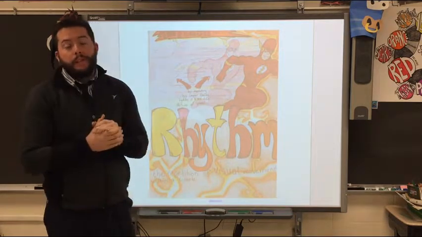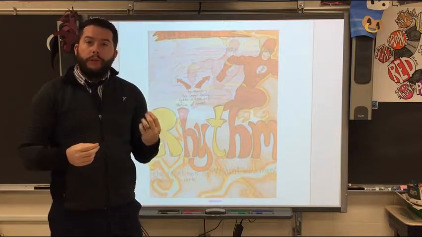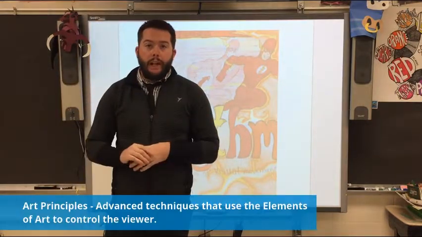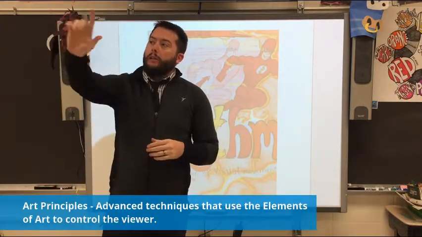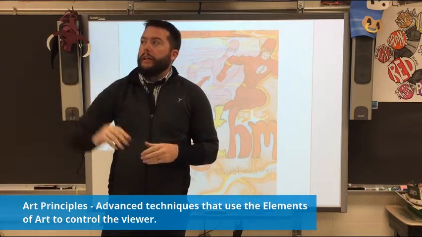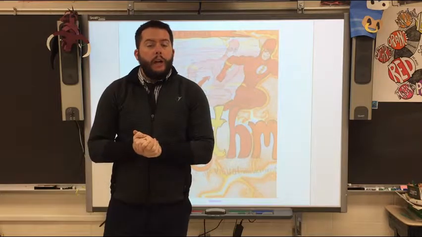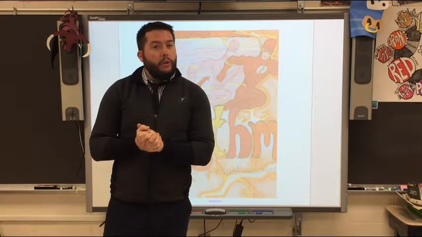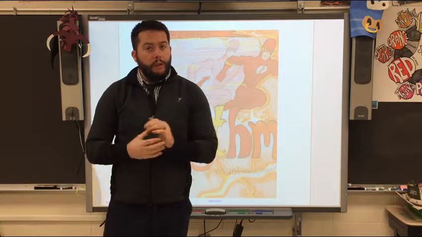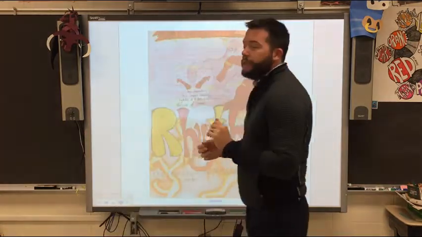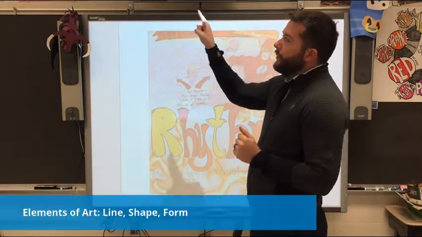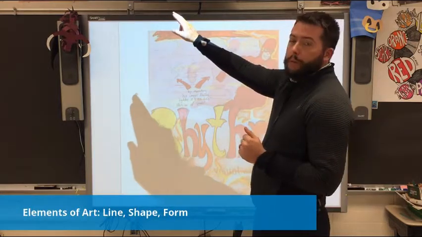Rhythm is what's called a principle of design. On the far wall back there, you can see it says art principles. Those are advanced things that you can do with your art, okay? I usually start by teaching you about the elements of art, which are the posters up in the front of my room.